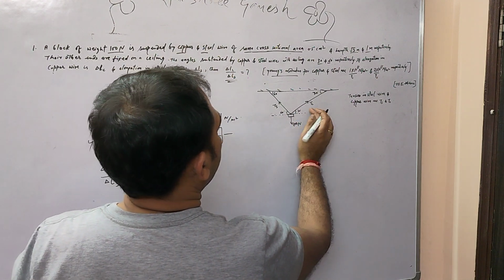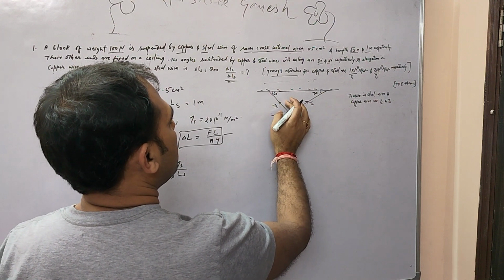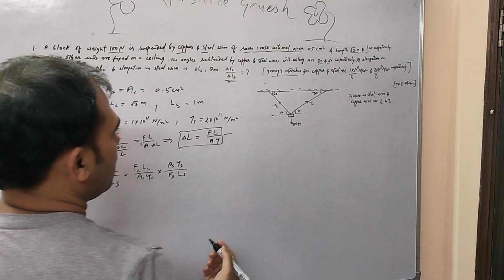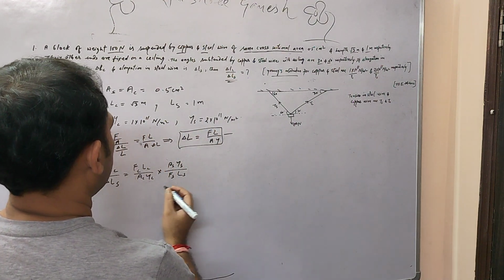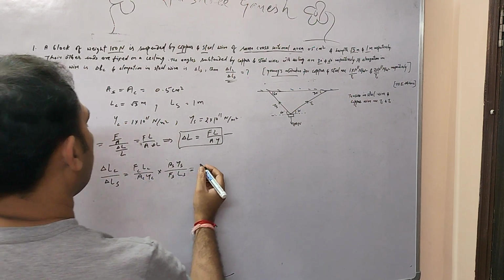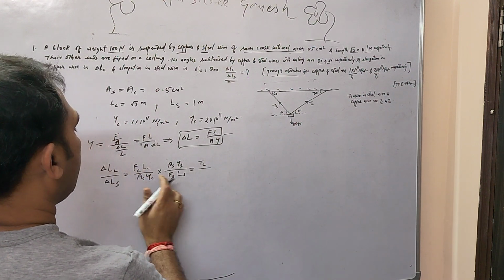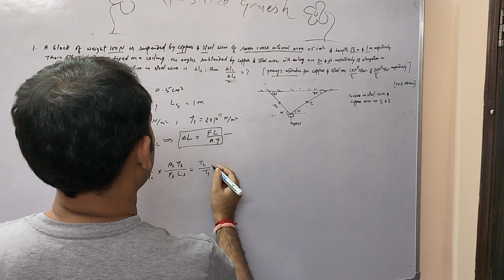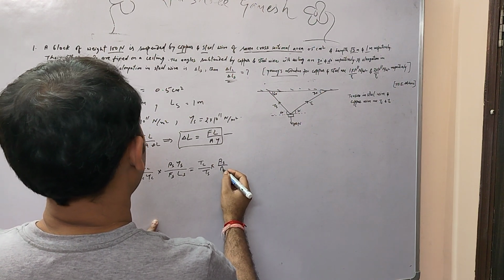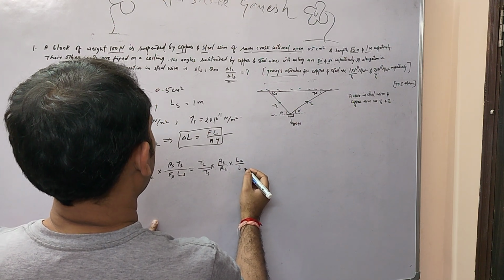So here force will be equivalent to tension in the strings, that is TS in steel wire and TC in copper wire. So this will become TC upon TS into AS upon AC into LC upon LS.